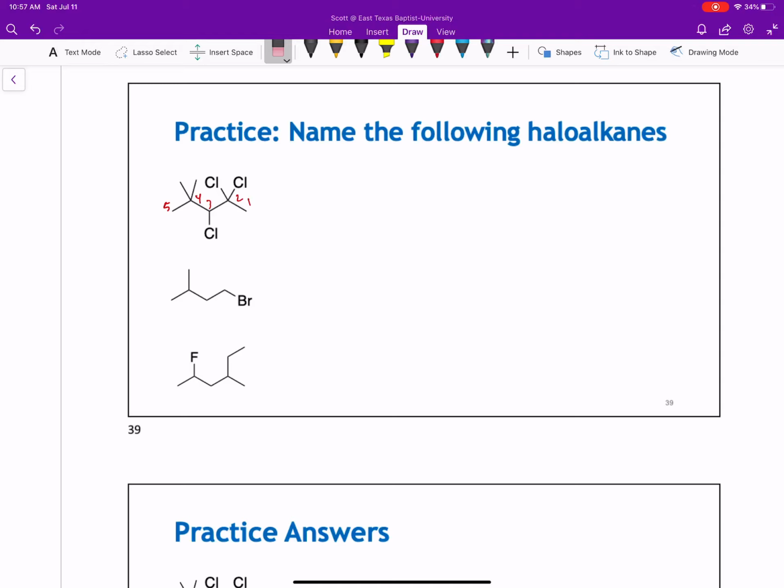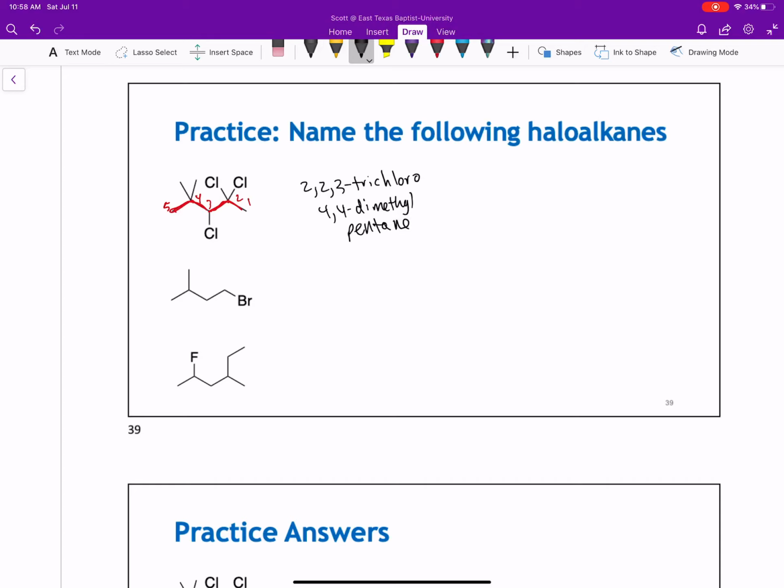Okay, and so now that we got our longest chain, let's outline that so that you can clearly see all the groups that are hanging off of it. So what I see is a 2,2,3-trichloro, and I see a 4,4-dimethyl, and we have a pentane as the longest linear chain.